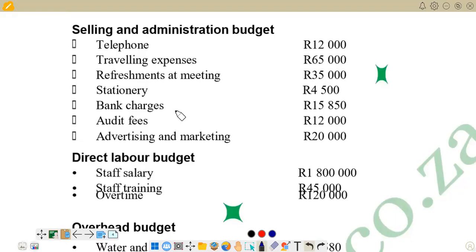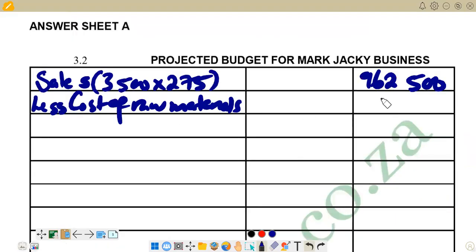So we go back to our answer section. Here we've got 550,000. Then this one we are saying less, so it means we are subtracting. Then you can show in brackets that we are subtracting. This is a sign that we put in our statements to indicate that a subtraction is taking place.